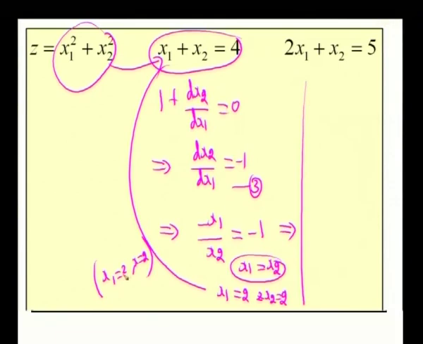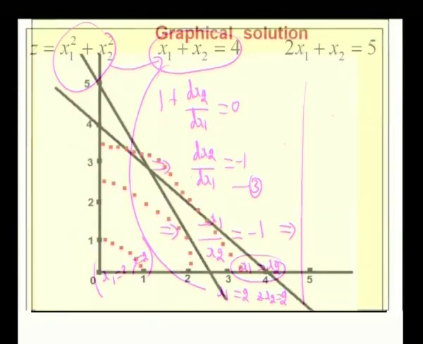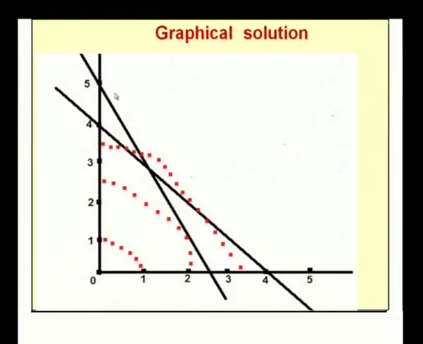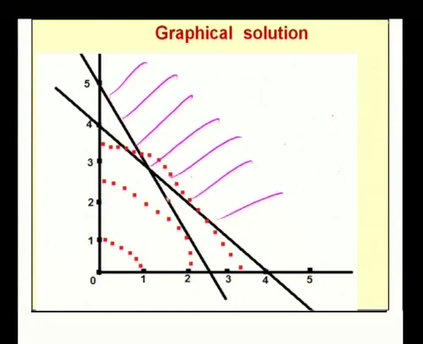Now, we should check whether the point 2, 2 is in the feasible region. Moreover, we should check whether this point satisfies the given set of constraints. Now, this is our feasible region. In this feasible region, our point 2, 2 occurs.